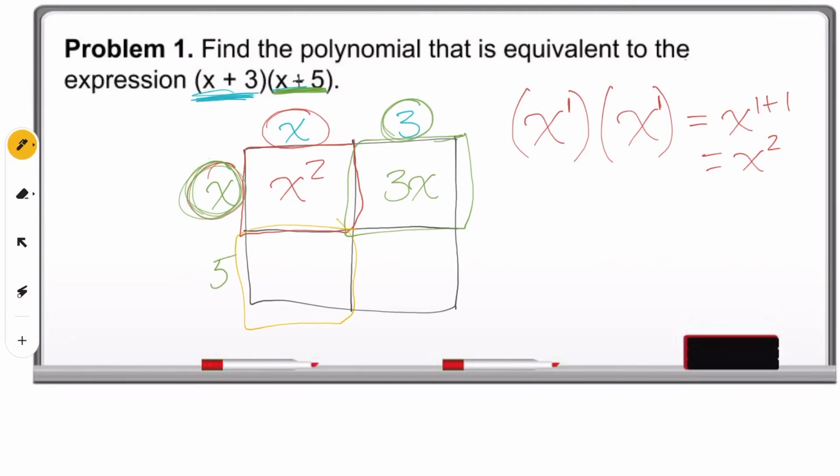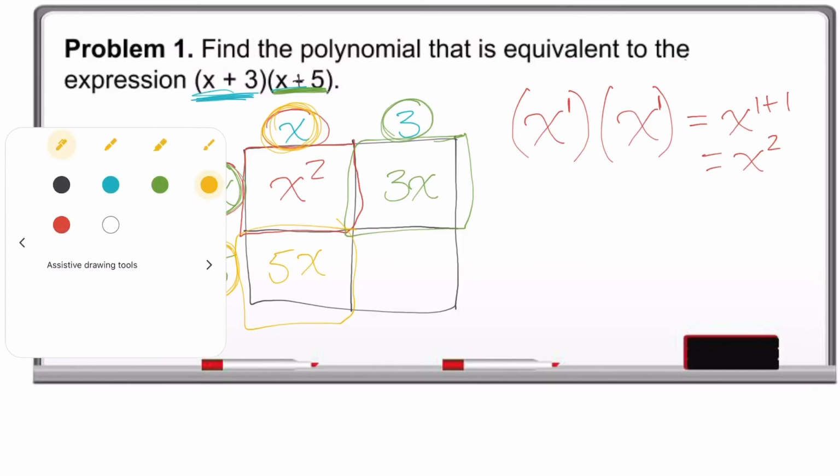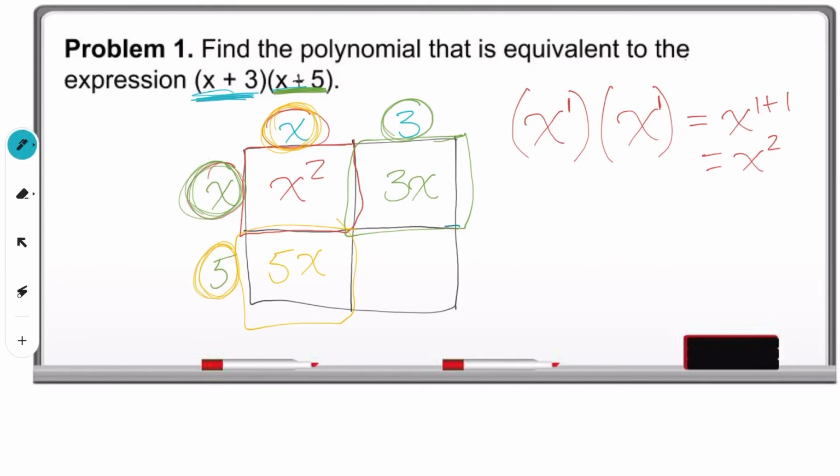I fill this in with the product of this top x and this bottom 5. 5 times x gives me positive 5x. And last but not least, this bottom right box down here is filled in with the product of 3 and 5. 3 times 5 gives me positive 15.